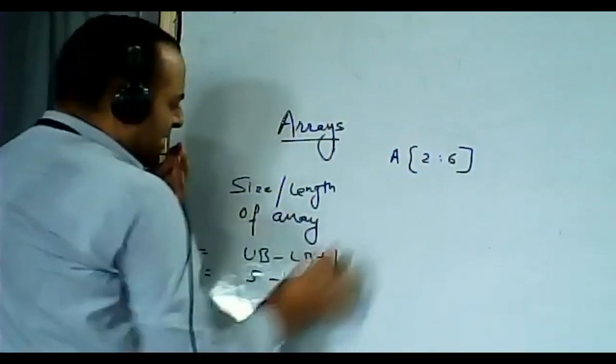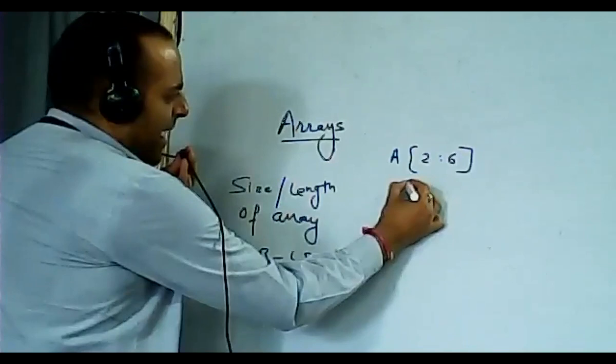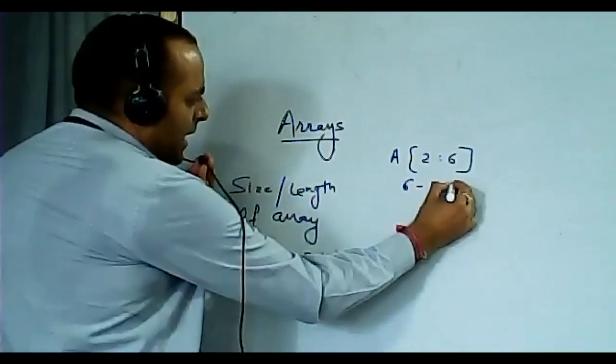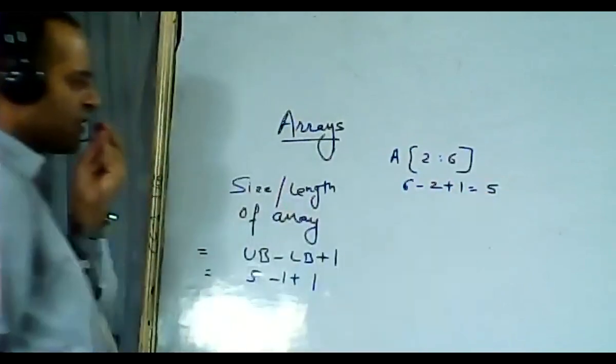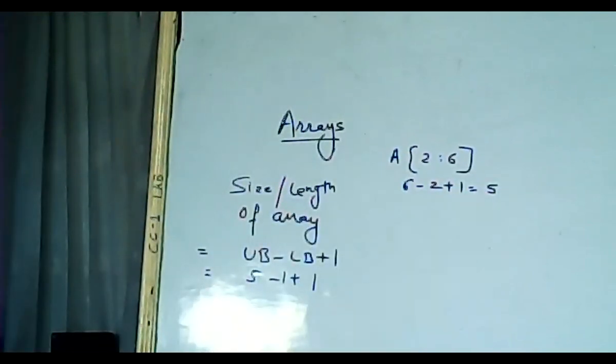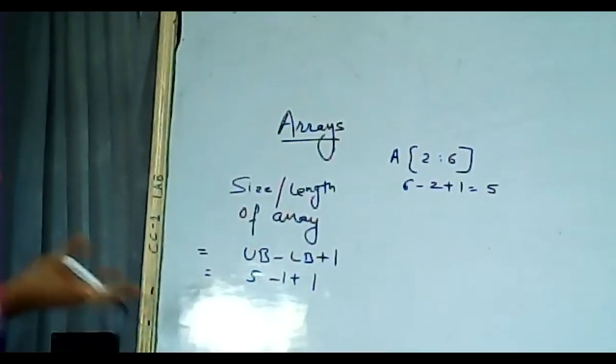So how will you calculate the size of the array? Upper bound minus lower bound plus 1. So 6 minus 2 plus 1. So this array contains how many elements? 5. Exactly: 2, 3, 4, 5, 6. Yes or no?